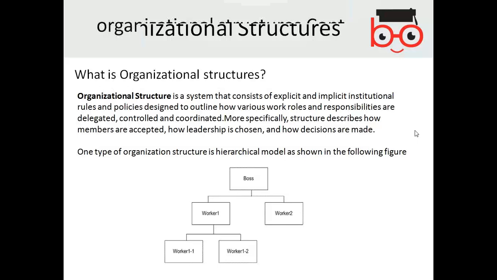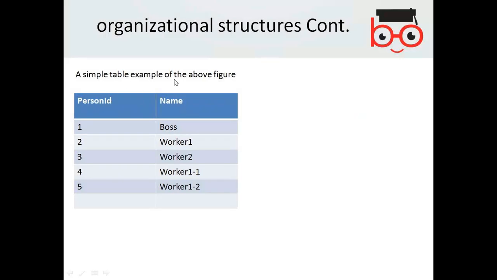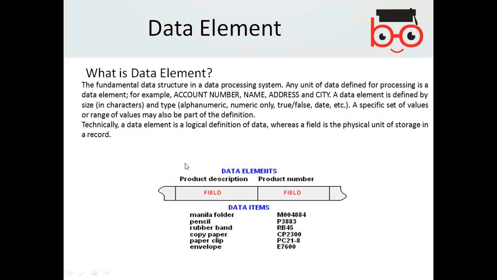So possibly those organization structures could also be written in tabular form. Let's say personal ID 1 is the boss, personal ID 2 is worker 1, and personal ID 3 is worker 2, and 4 and 5 are the sub workers related to worker 1 and worker 2. Now we focus on the data element.